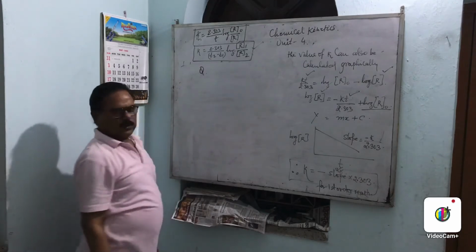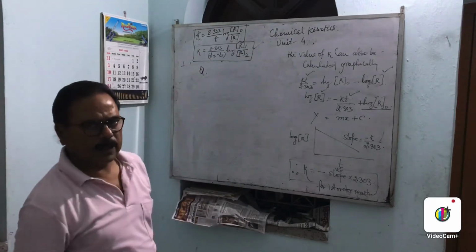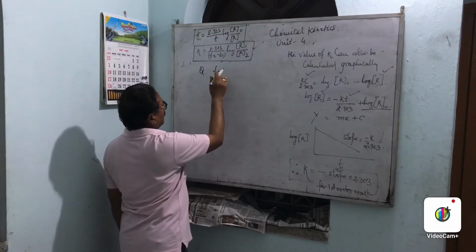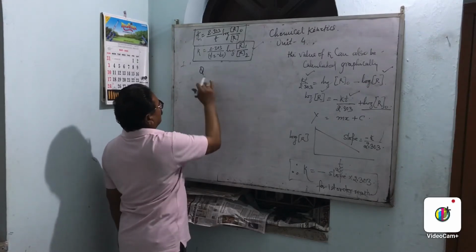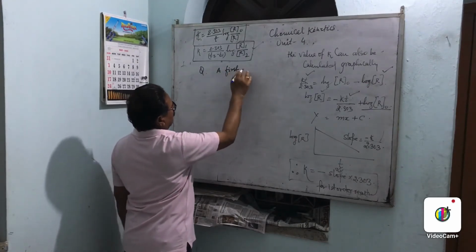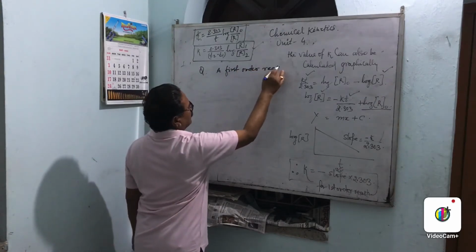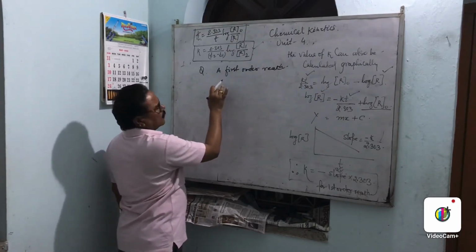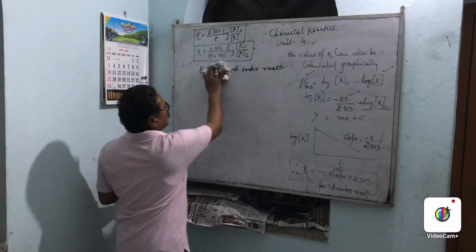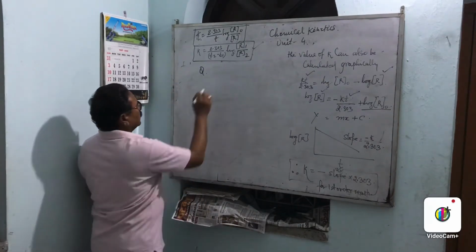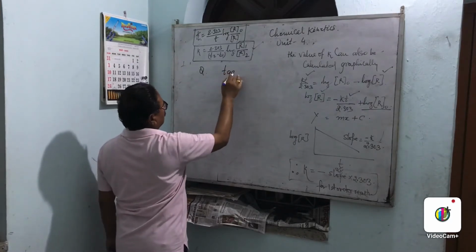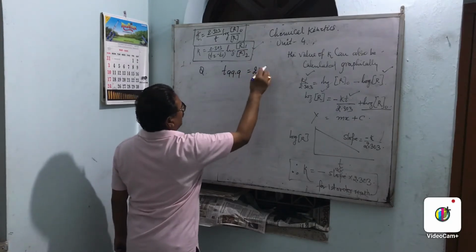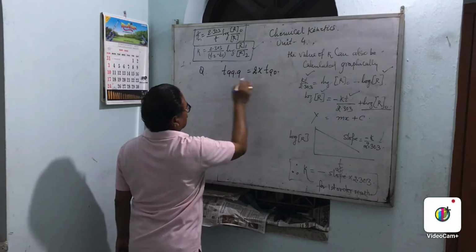Suppose a first order reaction takes place. The question is: time required to complete a first order reaction 99.9% is twice the time required for 90% completion.